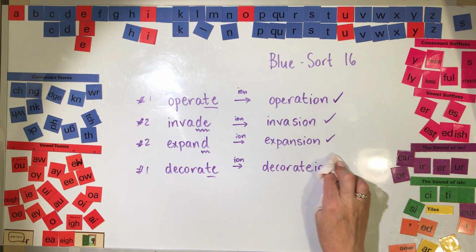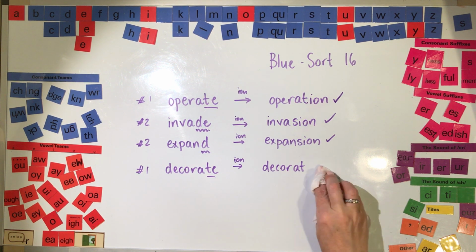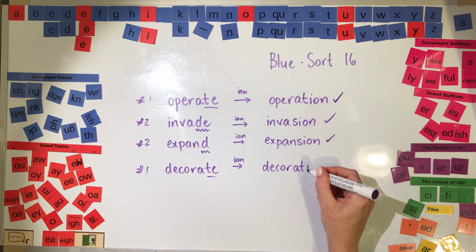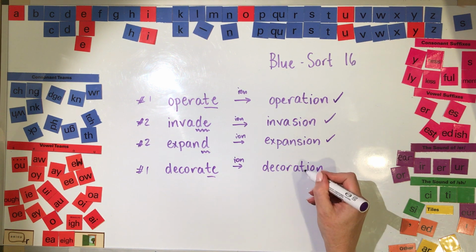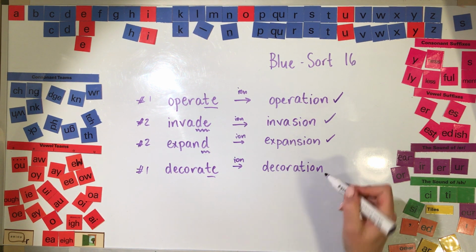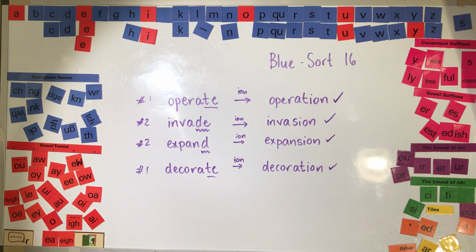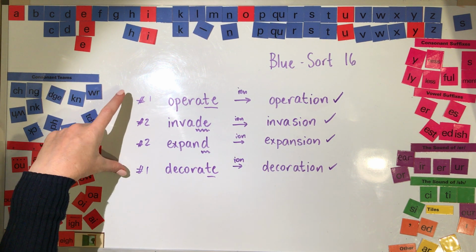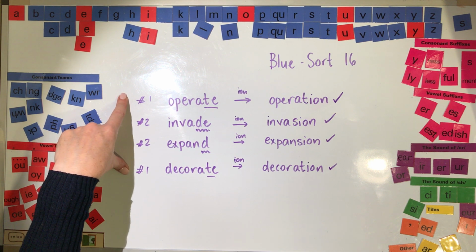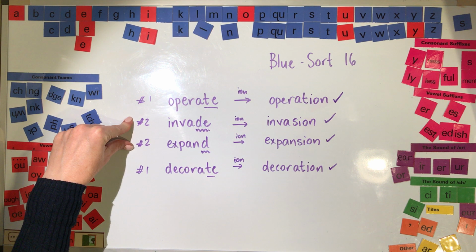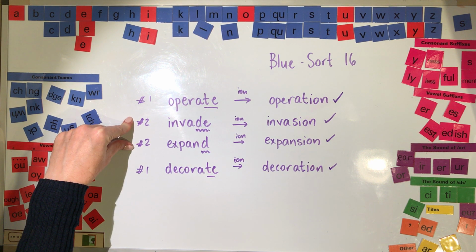Definitely not a correctly spelt word. We have to drop the E. And now that is spelled correctly. Decoration. Tick. Okay, so using those 4 words, I've taught you the 2 patterns. There's 1, we drop the E and add ION. Second pattern is we drop the D or DE and add SION.